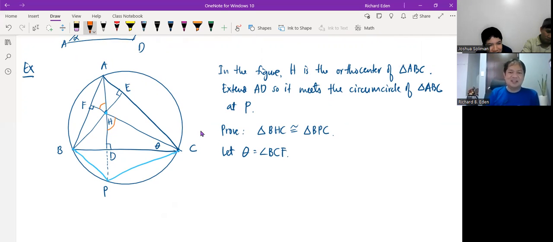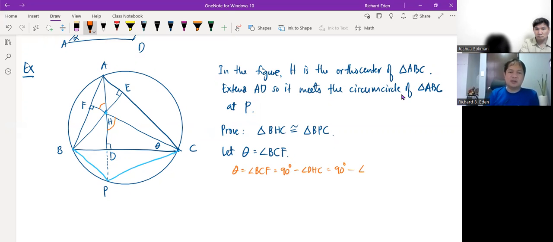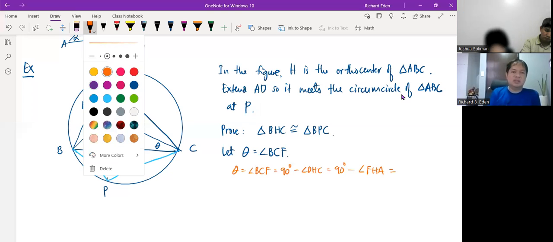So okay, let's write that. Theta equals angle BCF, which is 90 degrees minus DHC, which is in orange. But then DHC is a vertical angle to angle FHA. But 90 degrees minus FHA would be this angle up here.